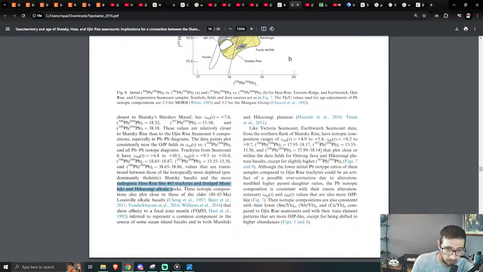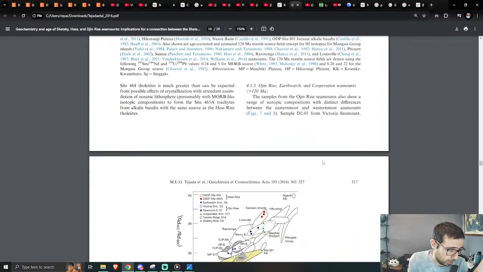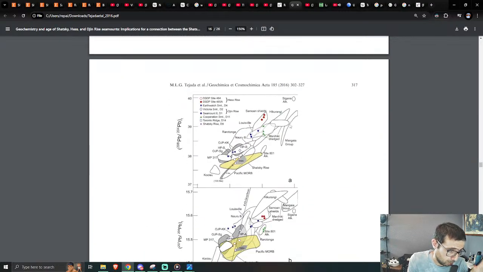The lower initial lead isotope ratios of these samples compared to Ocean Rise could be an artifact. Consistent with their values that are also more Ontong Java-like. So the more Ontong Java-like, I believe I'm reading this right, Shatsky Rise related stuff is more Ontong Java-like.